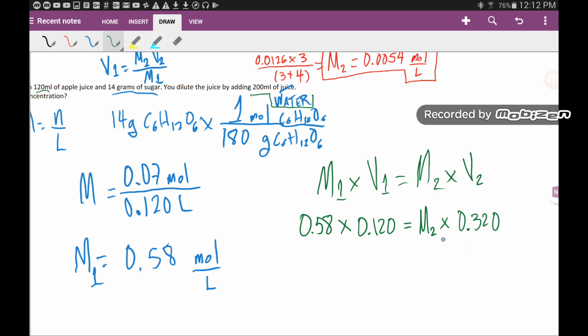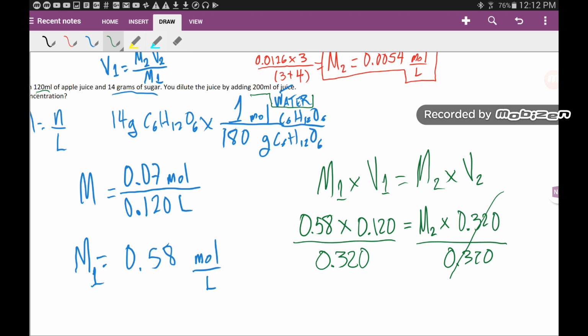Then we can solve for M2. To solve for M2, we need to get rid of that 0.320. We divide by it, that becomes a 1, and on the other side we also divide by 0.320.